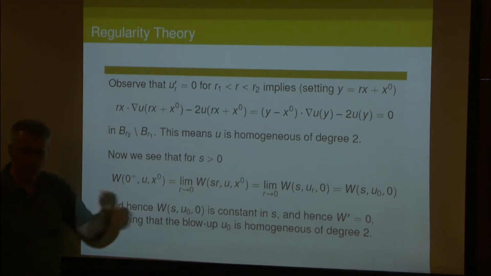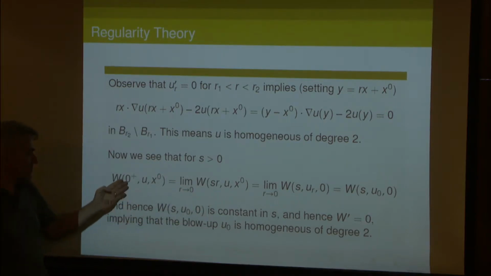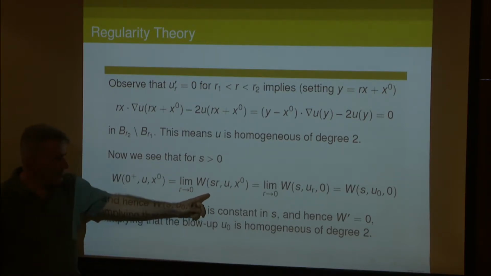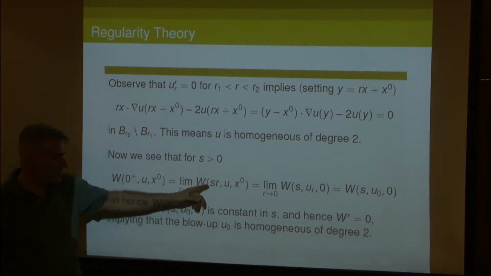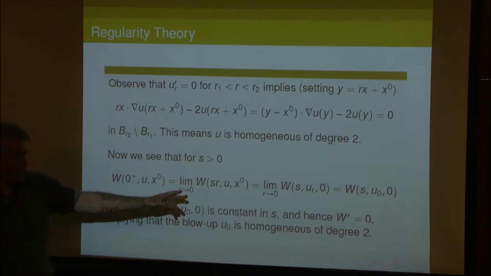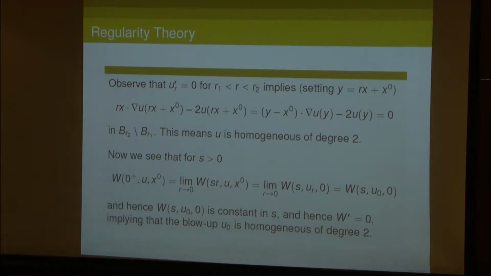What I do, I take two different parameters, s and r. I let r go to 0, I get this one. This doesn't matter when it goes to 0. And now, instead, I do a scaling, so I can take out r exactly as I did in my previous one.